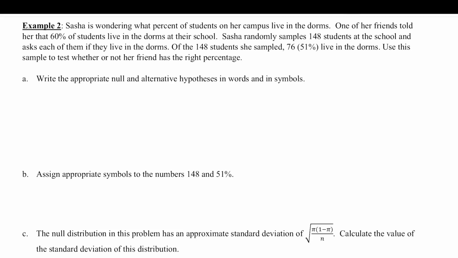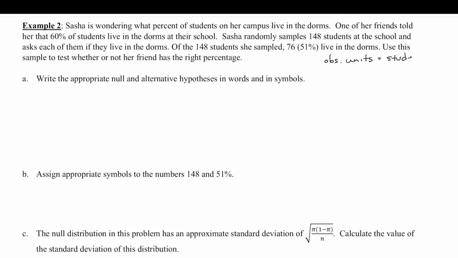And again, make sure that you've read what the example is about. If you haven't, then you should pause the video and just read the scenario for the example. Now, in order to figure out the null and alternative hypotheses, we really need to know what kind of variable we're working with. So even though it wasn't asked for, it's a good idea to figure out what are the observational units.